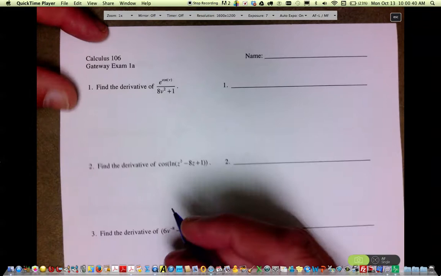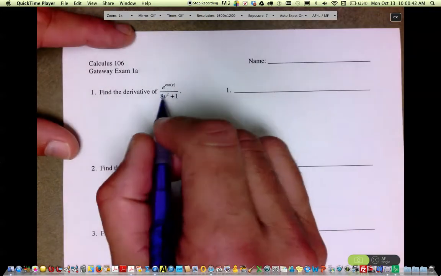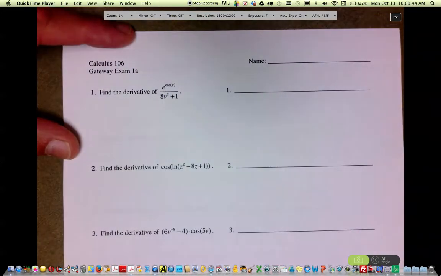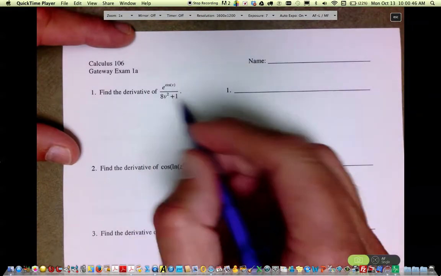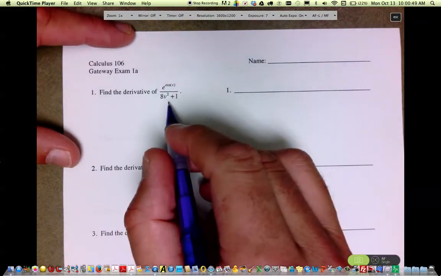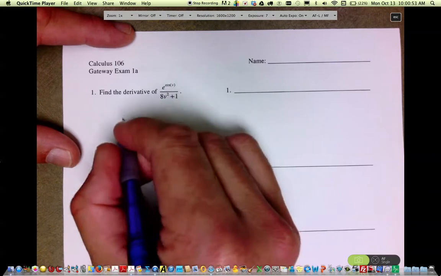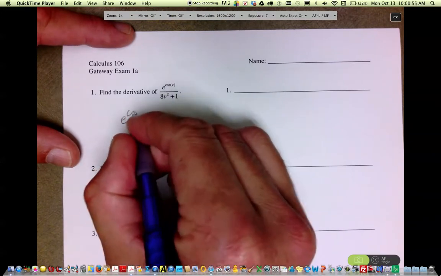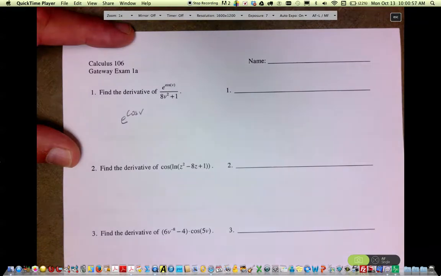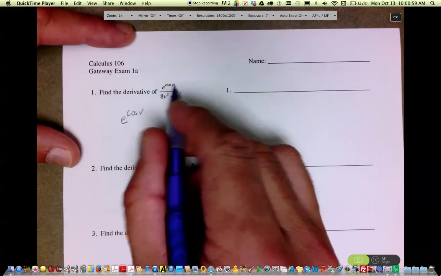So the first problem here is the derivative of e to the cosine divided by 8v squared plus 1. In this picture I see quotient rule. Quotient rule says take the derivative of the numerator, so we're going to get e to the cosine of v, and then there's also going to be chain rule applied in here.